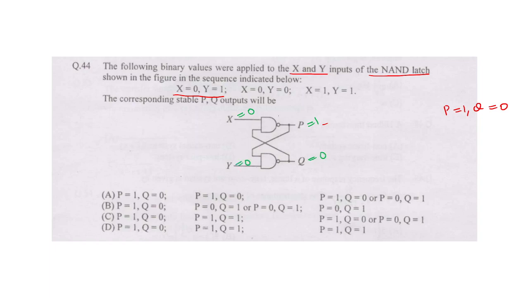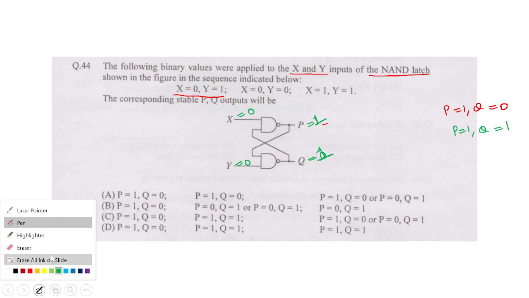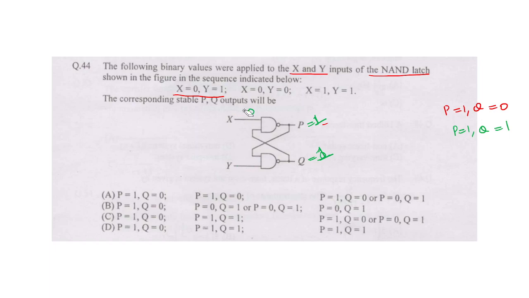So according to the logic, the output will become 1, Q also will become 1, right? So P equal to 1, Q equal to 1. This is also fine, right? Next logic. So P 1, Q 1, right?